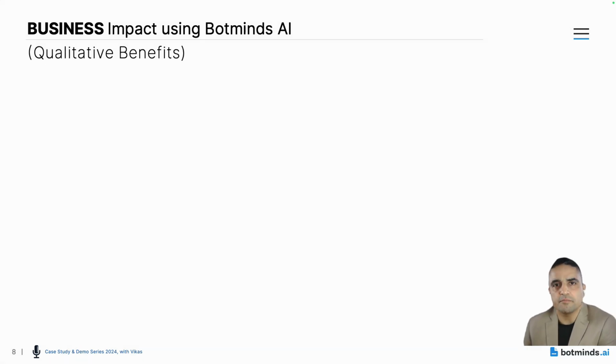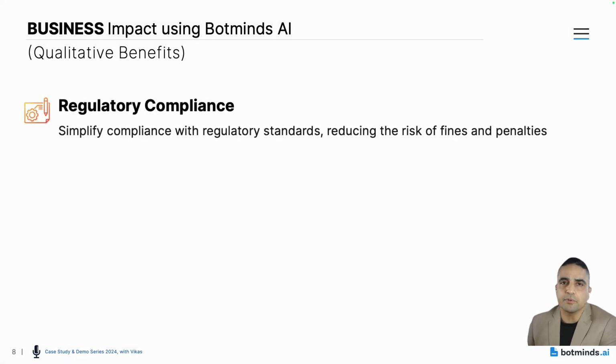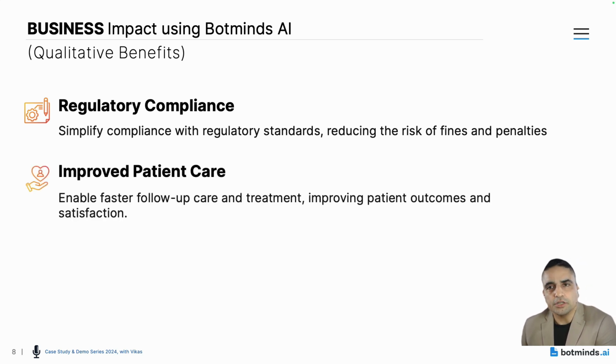Let's take a look at the qualitative benefits. The very first one is regulatory compliance. The platform can be trained on the basis of the regulatory compliance that it needs to follow, so that all the output that is generated is compliant to your regulatory body. Second is improved patient care. You can have a faster turnaround time, reducing the overall time taken by the entire process to generate those summaries.